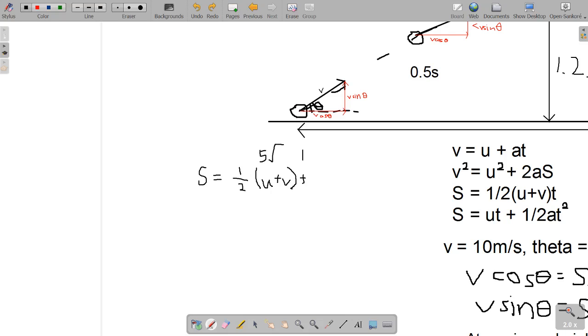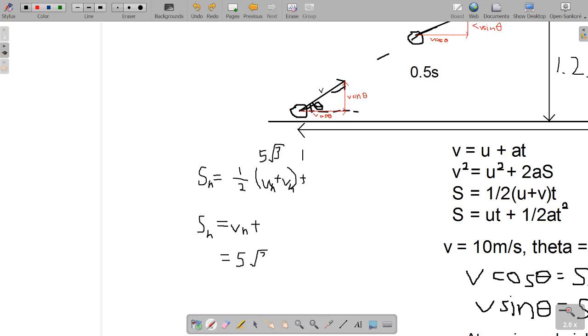In fact, I forgot, this is the horizontal velocity. So basically, we can reduce this to saying S horizontal equals horizontal velocity times the time, which is equal to 5 square root 3.